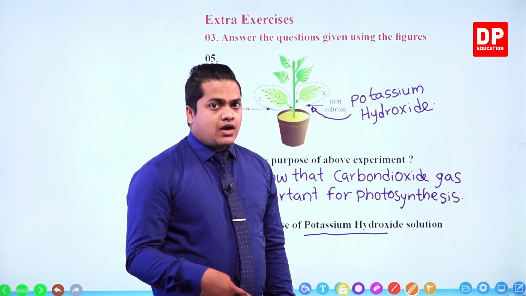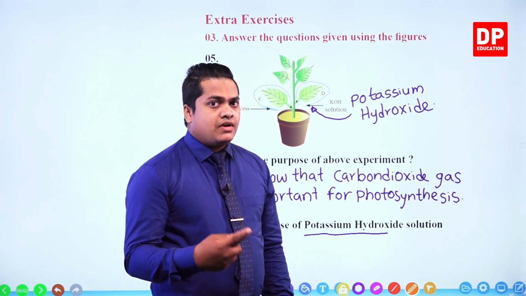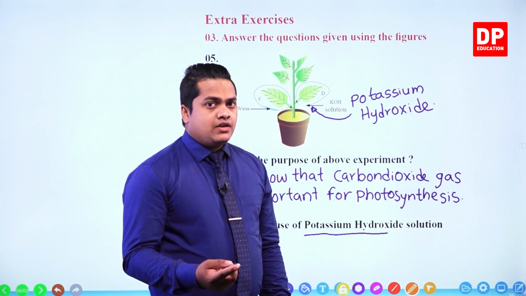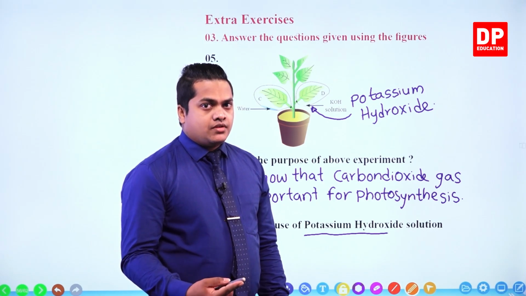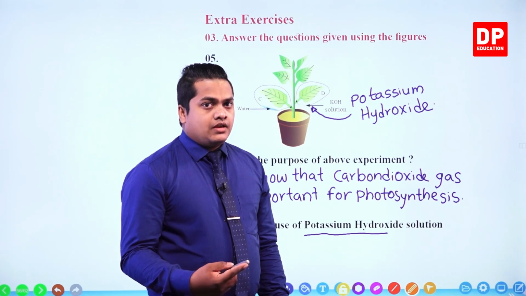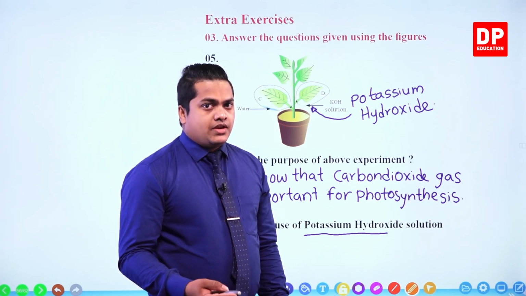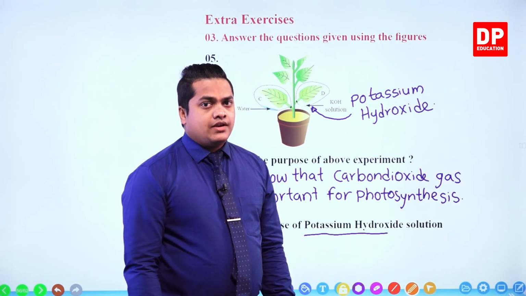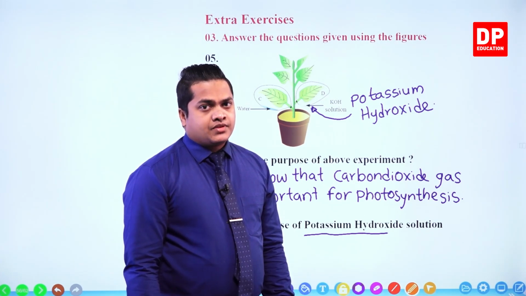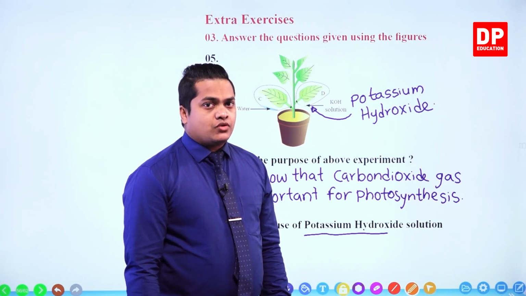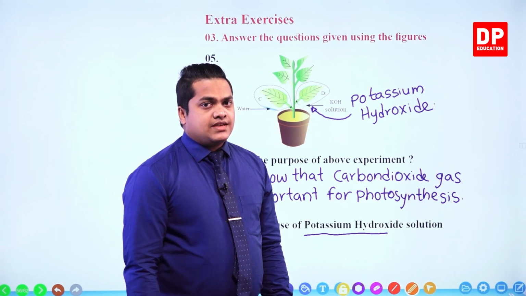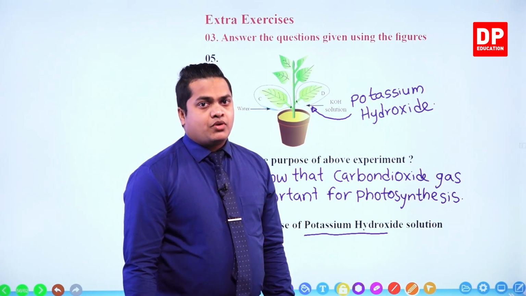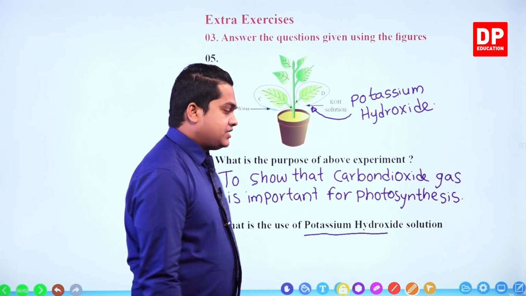By absorbing carbon dioxide, we are going to inhibit or limit the carbon dioxide received by the plant. So by that way, we are checking whether photosynthesis is going to occur or not. Definitely photosynthesis will not occur. So therefore, we can say that carbon dioxide is pretty much important for the process of photosynthesis.